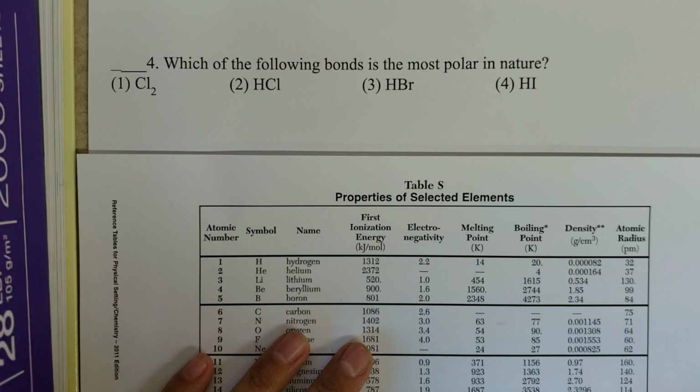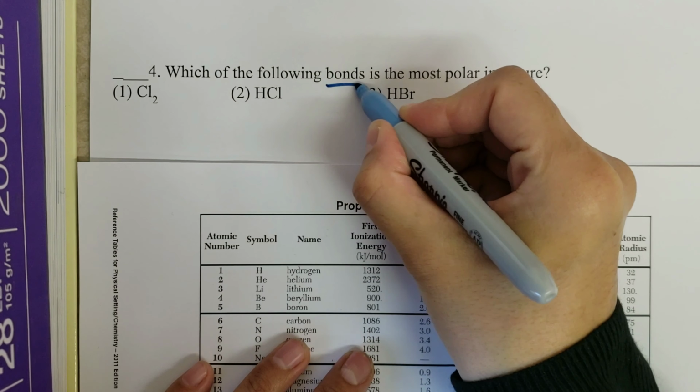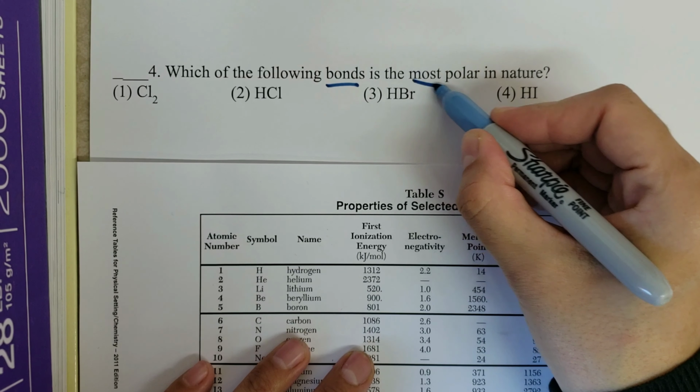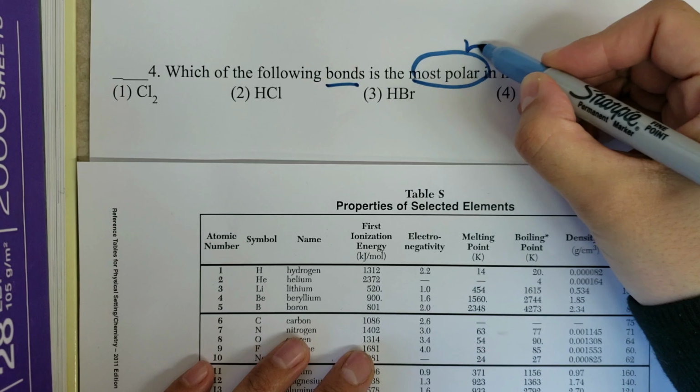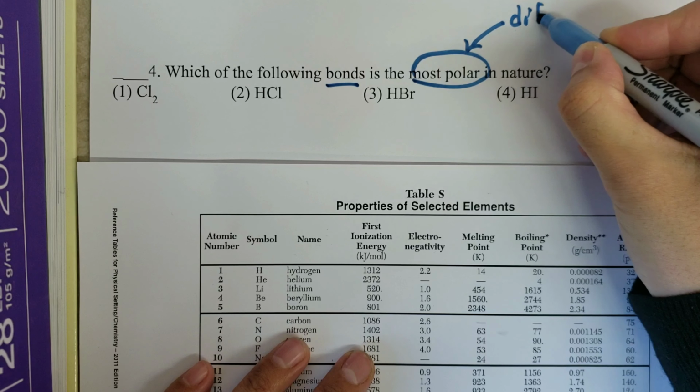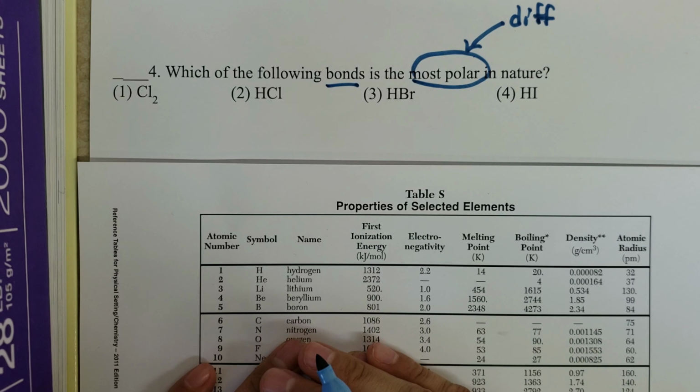In this question, we are looking for the bond that is most polar. Remember that polar means different. Here, we're going to use the difference of electronegativity to find which has the most difference.